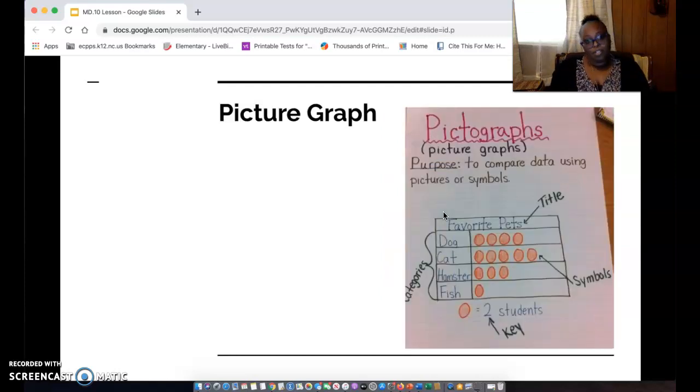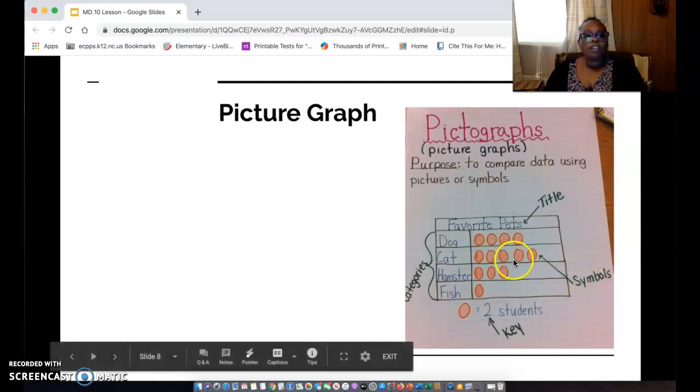A similar way of showing a graph, you can use a picture graph. A picture graph, often known as pictograph, the purpose is to compare data using pictures or symbols. So just like we saw in a bar graph, we have a title, we have symbols, but our symbols this time are pictures, where we have a key, and the key tells us that each orange circle represents 2 students.